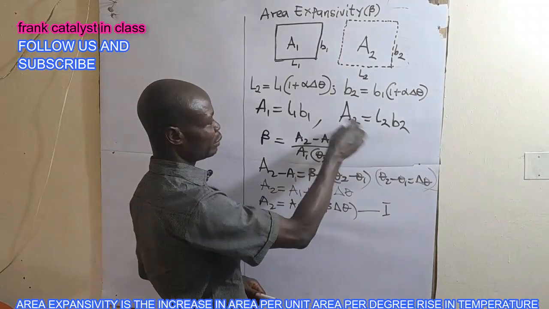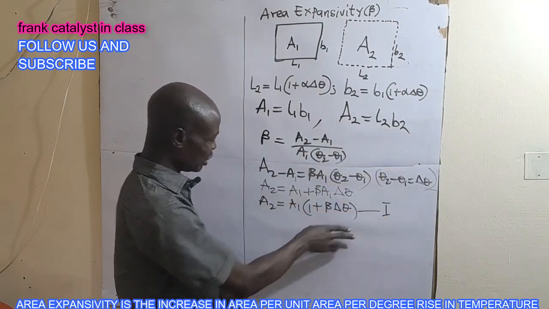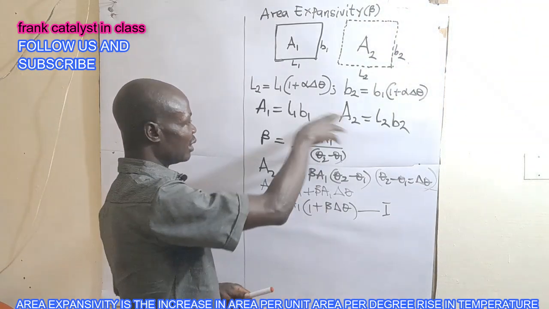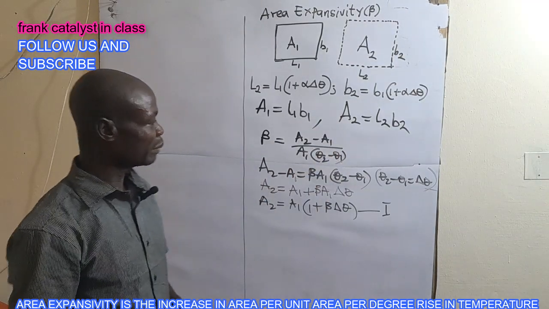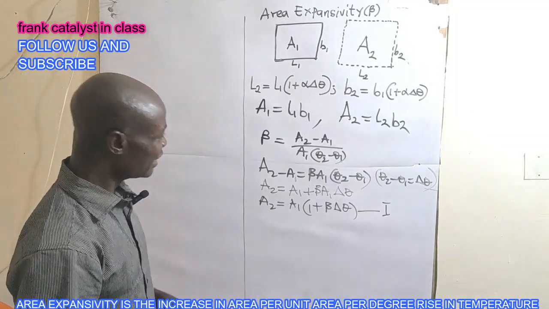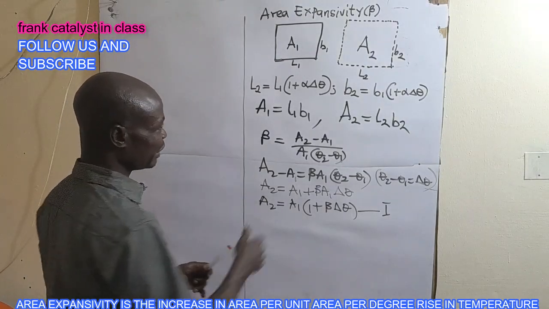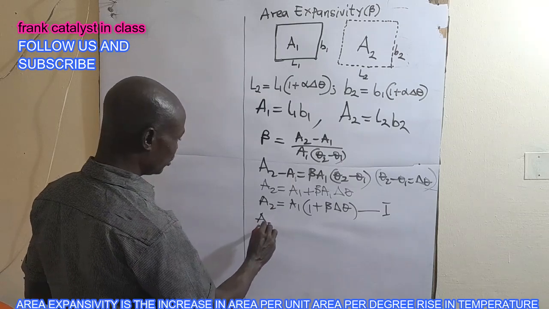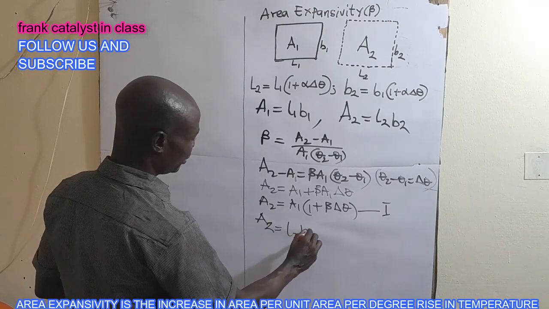Now let us derive the expression from the final length, so we can see the relationship between the final area from the definition of the area expansivity, and that expression from the linear expansivity. From the linear expansivity, we were made to understand that A2 is equal to L2 B2.